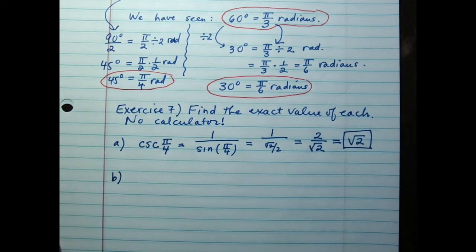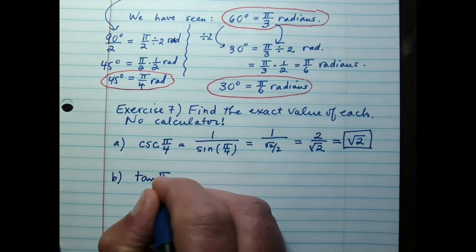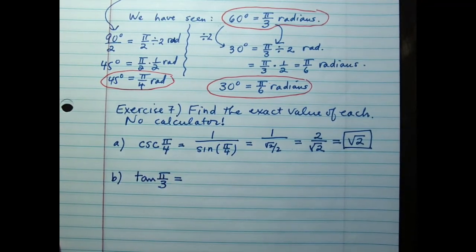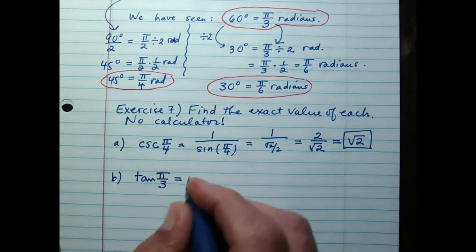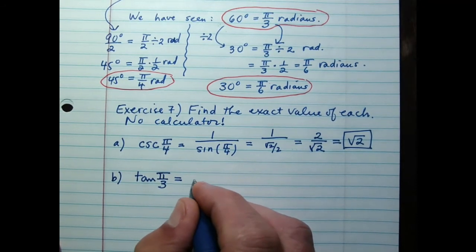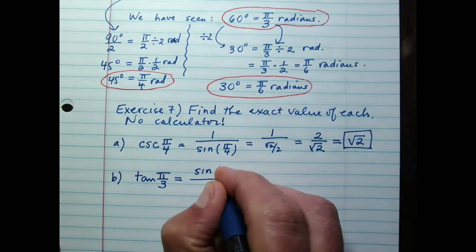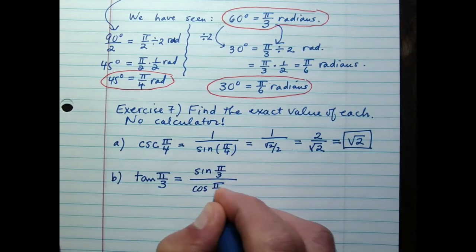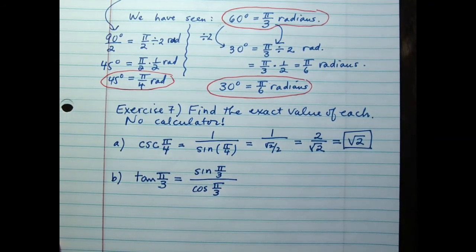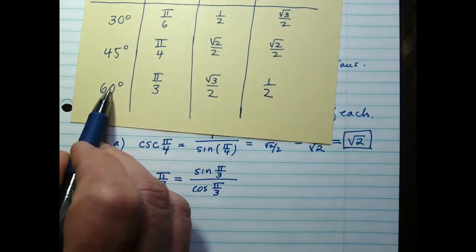B. Let's look at tangent of pi over 3. Now, I've said you don't have to memorize tangents, but you do have to know how to calculate this by hand. The way we do it is we remember that tangent can always be thought of as sine over cosine. So sine of pi over 3 over cosine of pi over 3. Now we're using radian measure, but we know pi over 3 is just 60 degrees.